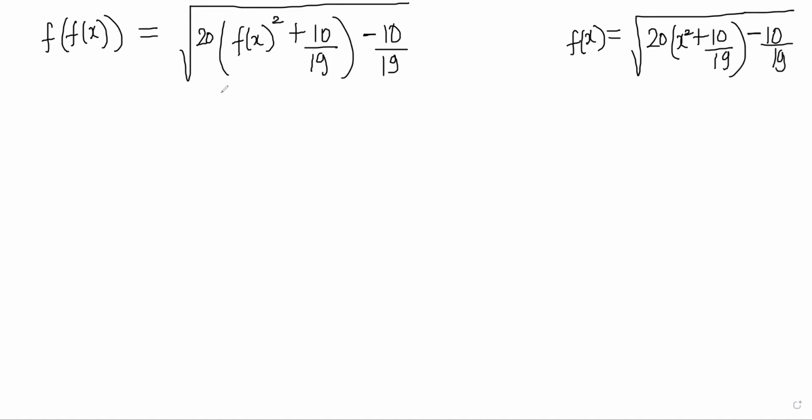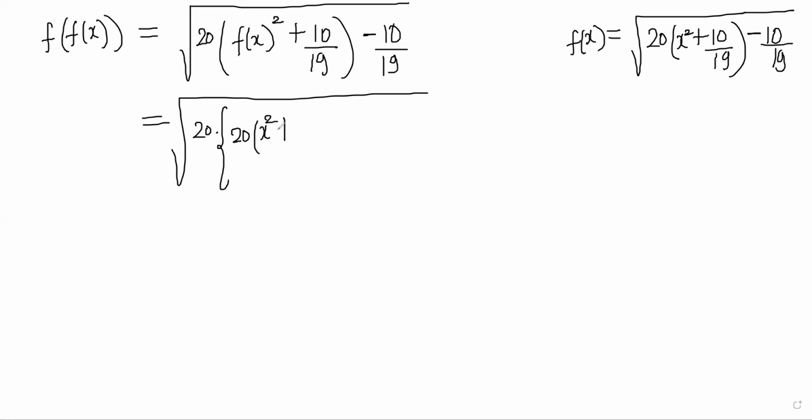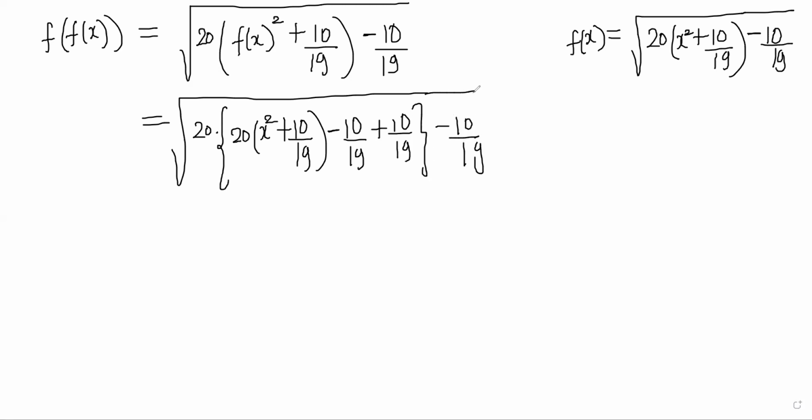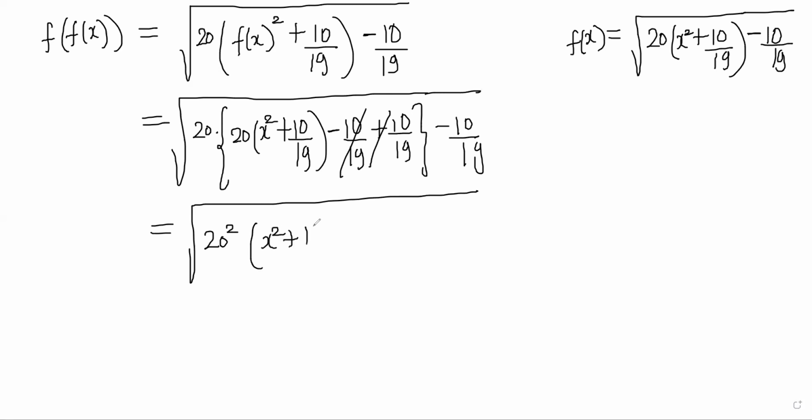If you evaluate this, f of x square is 20 times x square plus 10 by 19, minus 10 by 19. And you have a plus 10 by 19 inside and then a minus 10 by 19 here. So this becomes 20 square into x square plus 10 by 19 minus 10 by 19. Can you see that the pattern that we wanted is happening again?